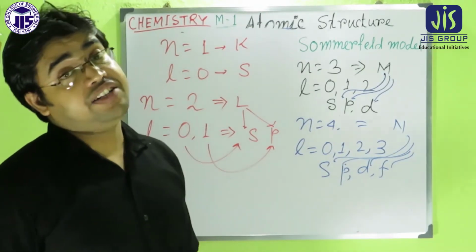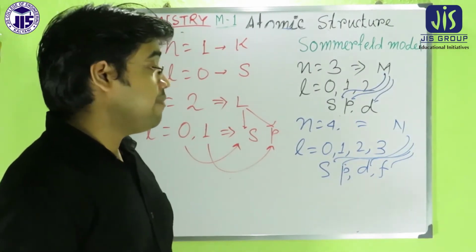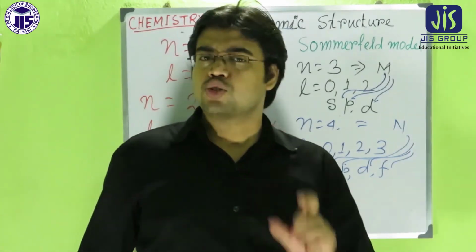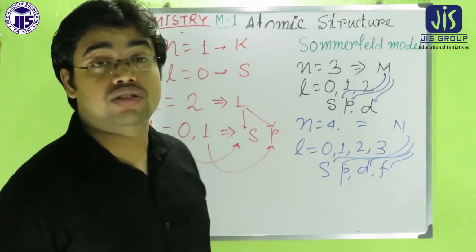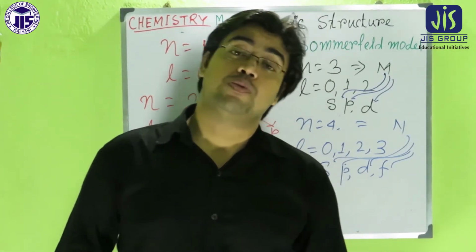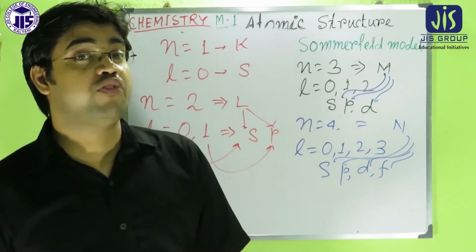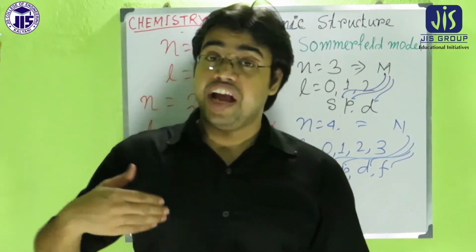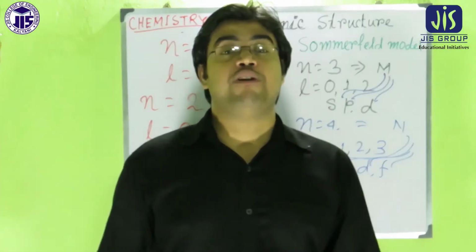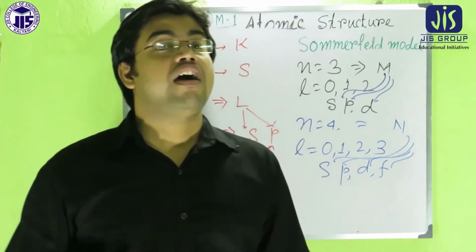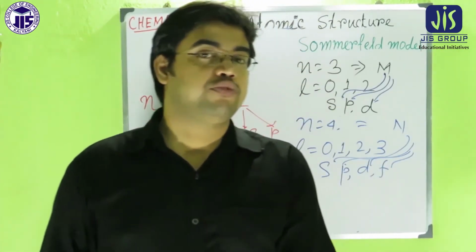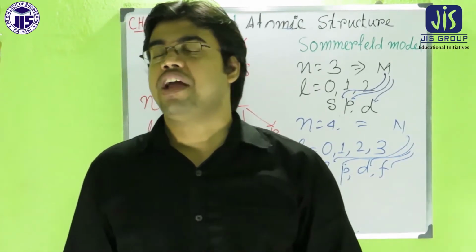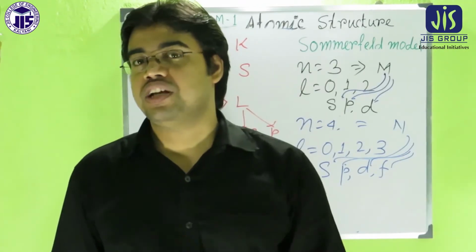That means one expected line will be split into many small lines. So that is the Sommerfeld model, and the most beautiful thing is that the Sommerfeld model successfully explained the fine structure of atomic spectra, and it first told that subshells exist in an atom.